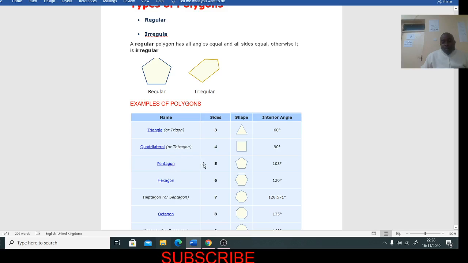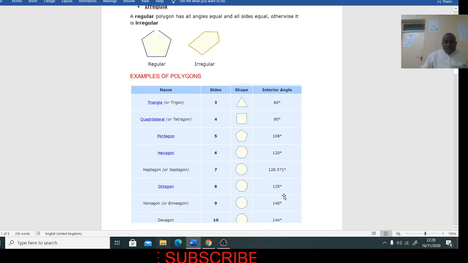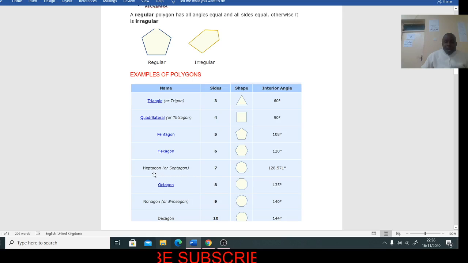Pentagon is a 5-sided figure, 1, 2, 3, 4, 5, and each interior angle is 108 degrees. A 6-sided figure we call a hexagon, and each interior angle is 120 degrees.